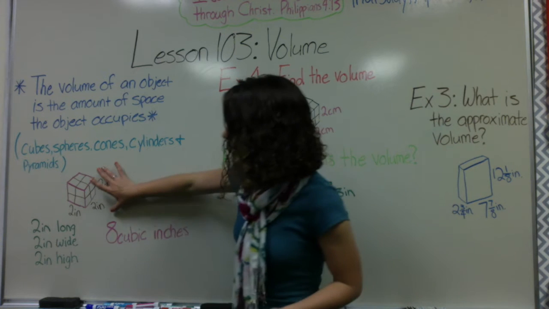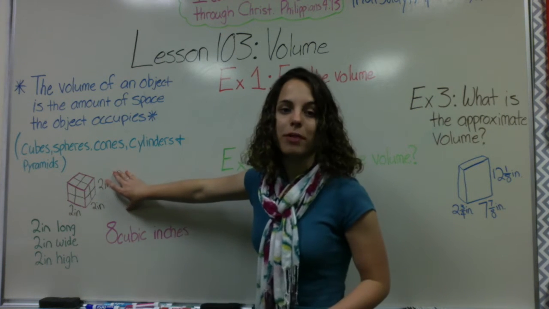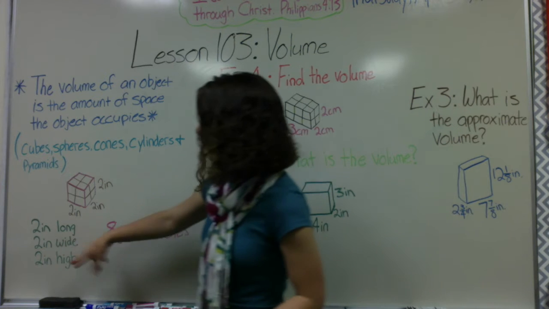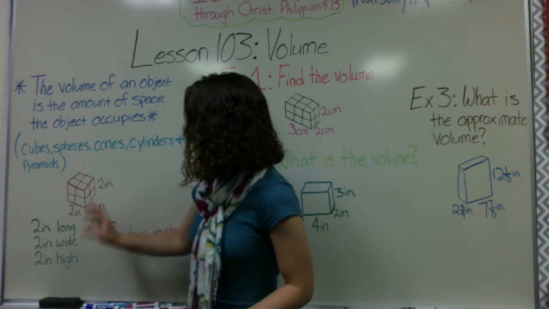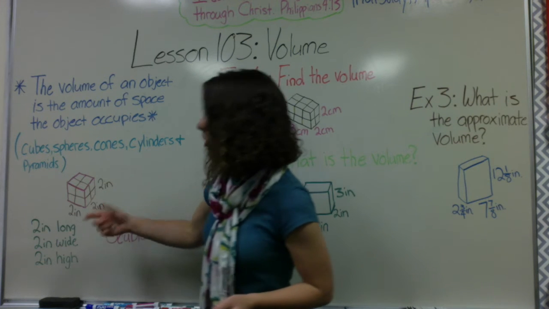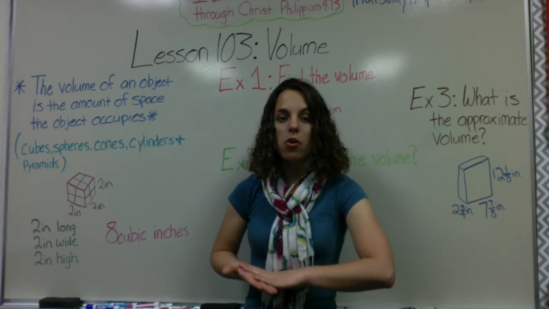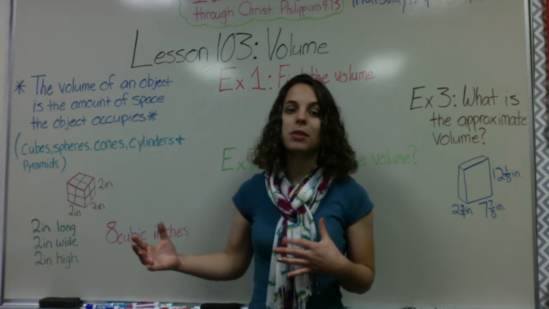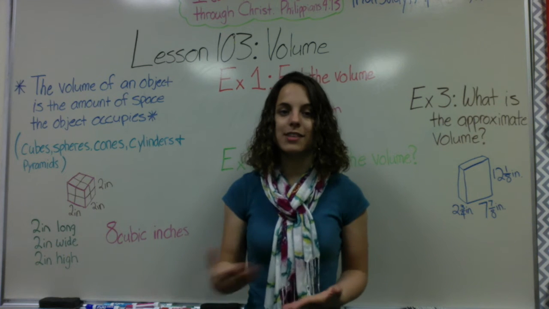Whenever I'm looking at a cube and I'm trying to find the volume, I'm trying to find how much space it occupies. Hopefully you can see this okay, but I have it split into different little cubes. There are other little cubes inside, and each one represents 1 cubic inch. Whenever we're finding the volume of something, we're going to label it in cubic units.